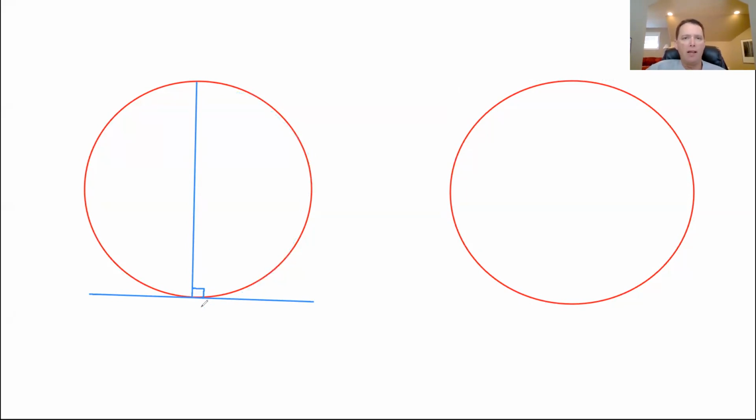We know that this angle is 90 degrees. But this arc makes up half a circle. It's 180 degrees. I haven't proved anything to you there, but I hope you do see that there's a case where a 90-degree angle actually creates exactly half of the entire circle, 180 degrees.